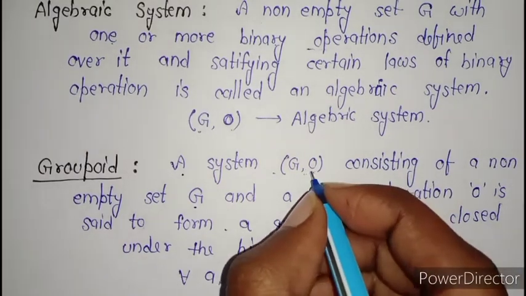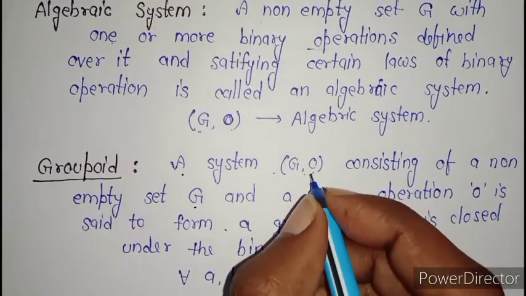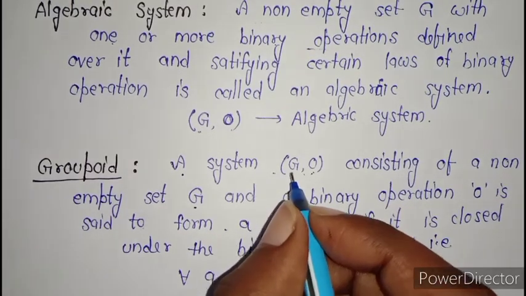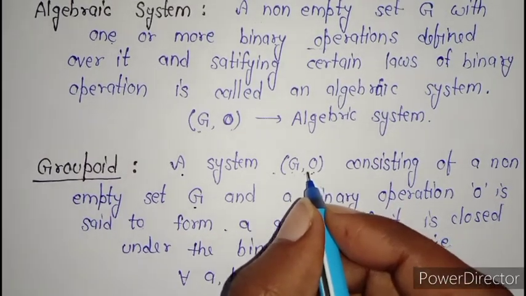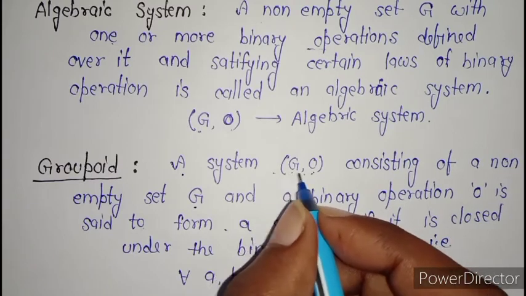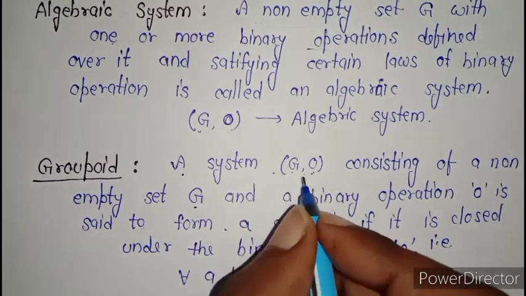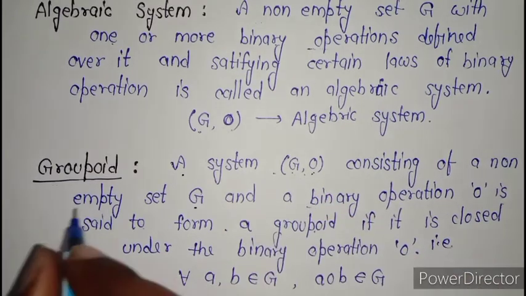That is, whatever operation we take here, if we apply it over the elements of G, then the element which comes after applying the operation O over the elements of G will always be an element of G again. If this condition is satisfied, then we call this system a groupoid.